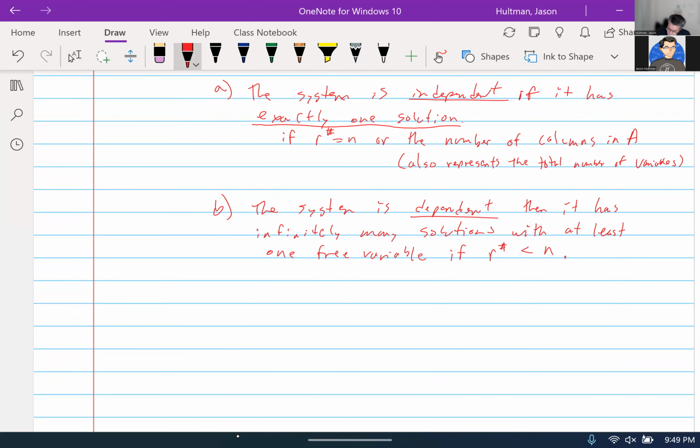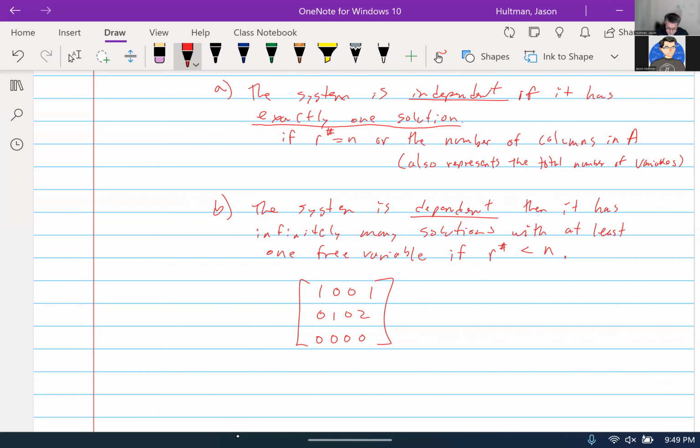Let's just show a matrix that has this behavior. We would say that 1 0 0 1, 0 1 0 2, and then a row of zeros, has infinitely many solutions.